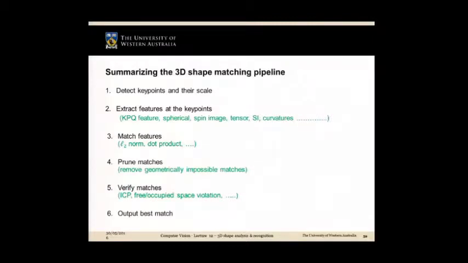Then you prune some matches, removing geometrically impossible matches, if two points are far away from each other, or their neighboring information is not matching. You just get rid of those points, and then you verify those matches using ICP. That's basically the correspondence refinement, and you finally output the best match. And you say, okay, this match is correct for this particular object. That's how this whole process works.